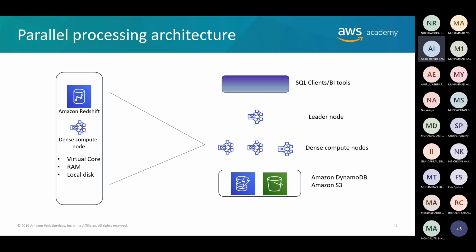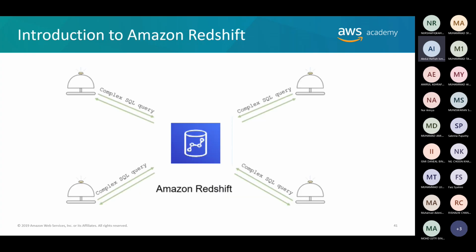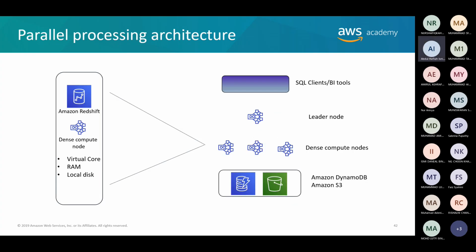So if you can see here, the leader node. The leader node manages communication with client programs and all communication with compute nodes. It develops plans to carry out database operations, specifically the series of steps that are needed to obtain results for complex queries.